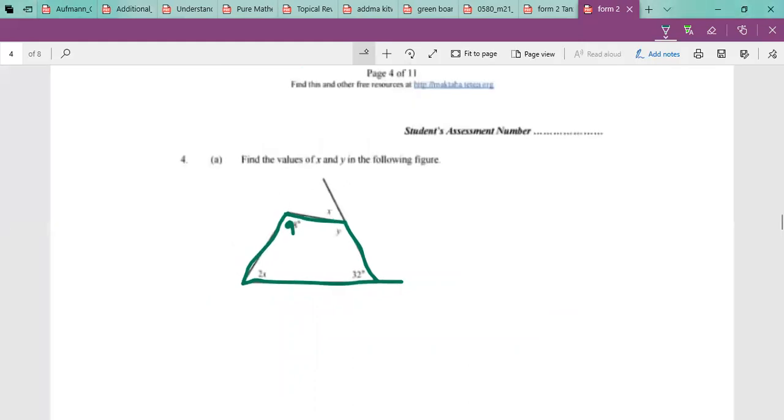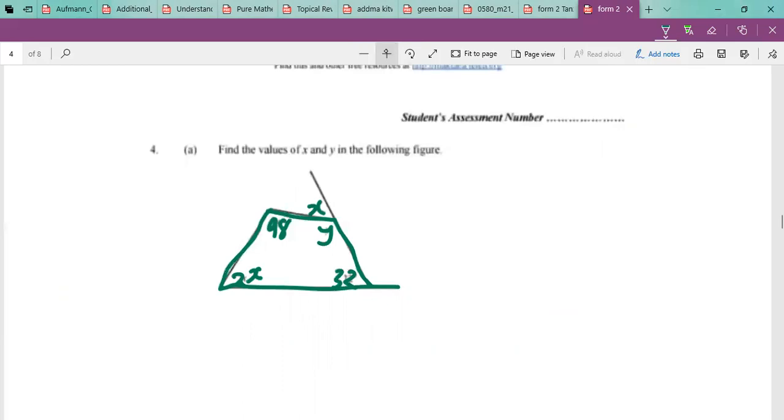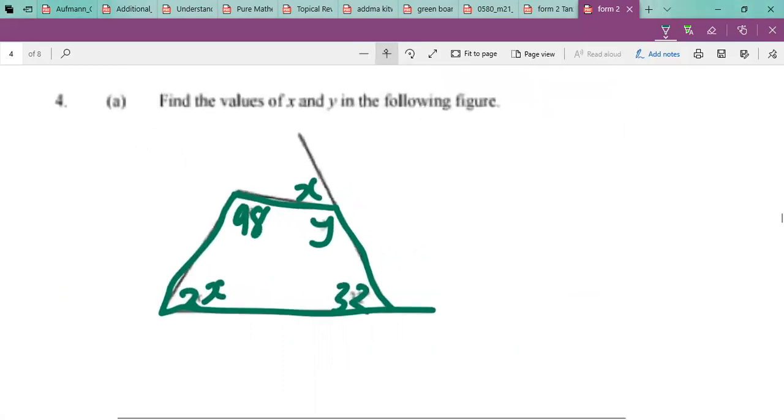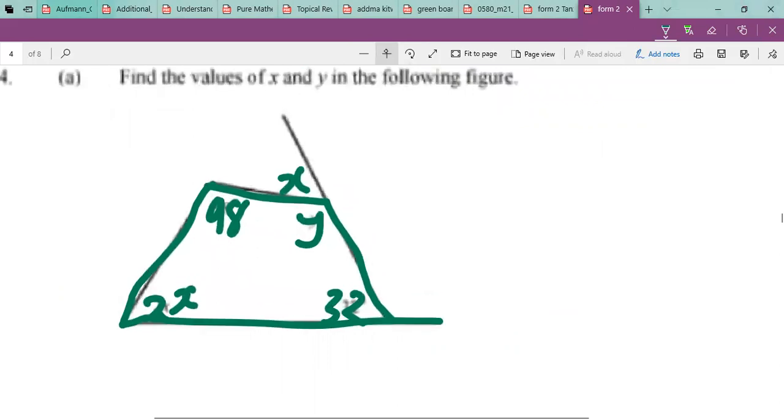This is 98. Take note. This is y. This is x. And this is 2x. This is 32. So we want to find the value of what? X.